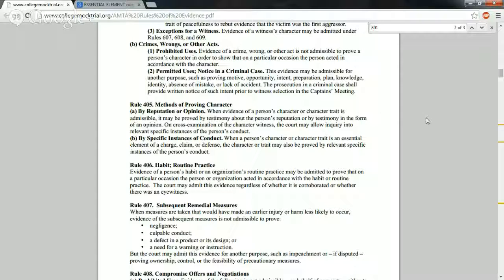One last thing, just generally about reputation or opinion. There's a lot of contempt in the legal community, from what I've been able to read, about this 405A. Essentially, 405A is gossip. It allows for unsubstantiated opinions. It's kind of why it's not straightforward.